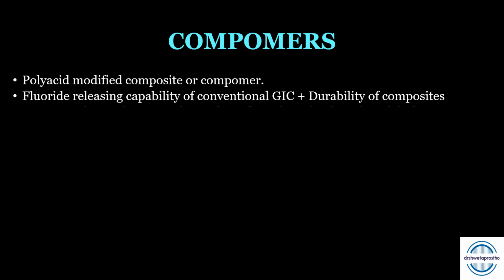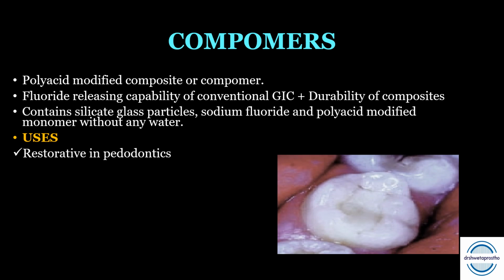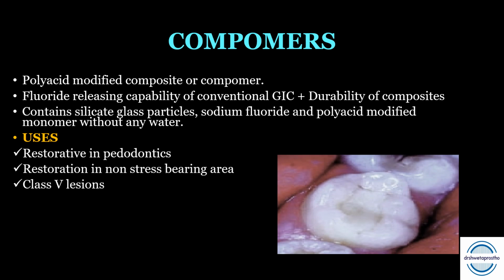It mainly contains silicate glass particles, sodium fluoride and the polyacid modified monomer without any water. Very important. Now, if we talk about its uses, it is used as a restorative material in pedodontics. Then it is also used as a restorative material in non-stress bearing areas in class 5 lesions. They are also used as bases and luting agents.